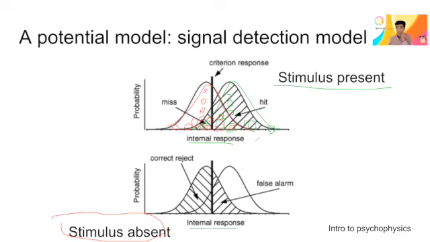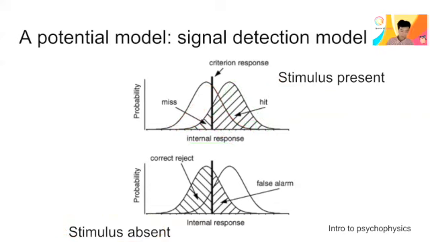But the problem is that we, as an observer of this response, don't know whether it is coming from a stimulus present trial or a stimulus absent trial. We just have access to the observed magnitude. So if you observe the magnitude here, is it present or absent? That's unclear, right?